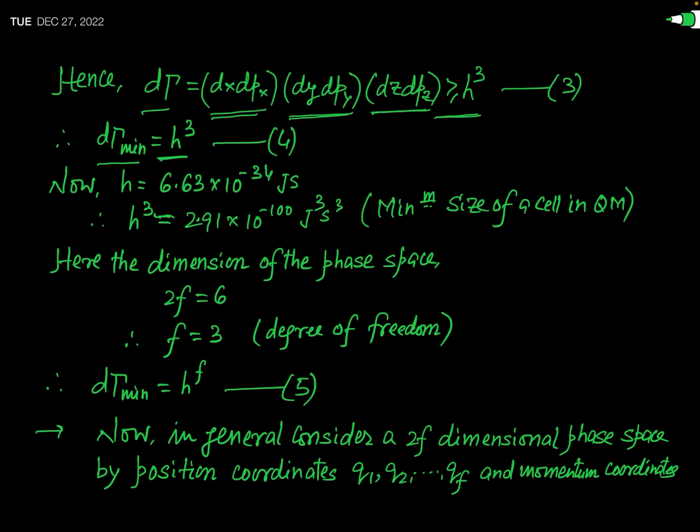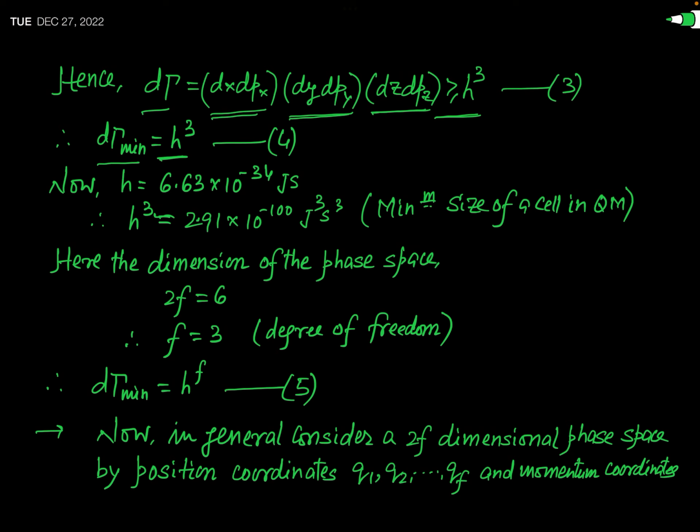This is the difference between the classical and quantum mechanical treatment: in classical mechanics, the volume of a phase cell may tend to zero, but according to quantum mechanics, it cannot be less than h cube. But now let us see this fact on a practical basis.